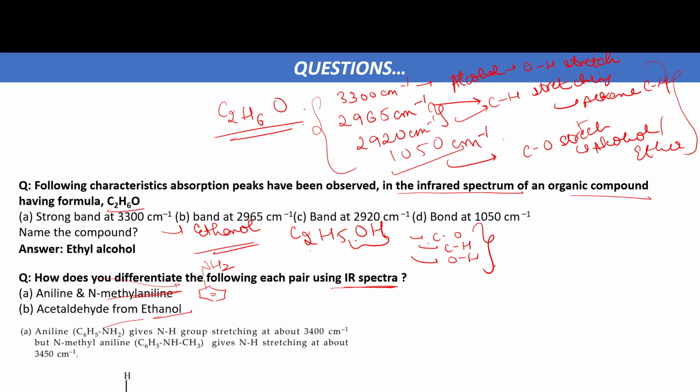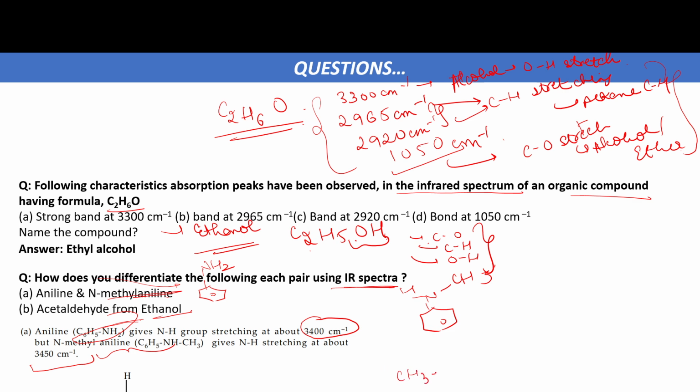Now this is aniline. For aniline, the N-H stretch will be at about 3400 centimeter inverse. For N-methyl aniline, where one hydrogen is replaced by the methyl group, the stretch will be about 3450 centimeter inverse. Another pair is acetaldehyde from ethanol.